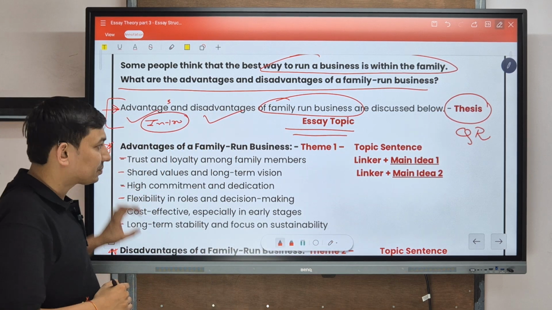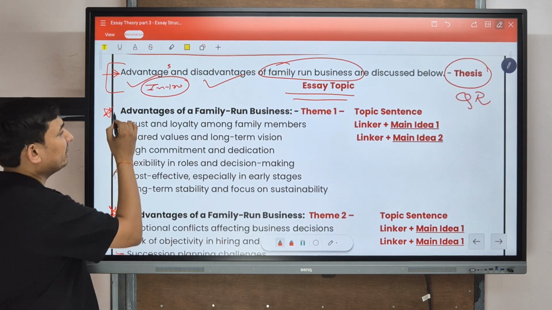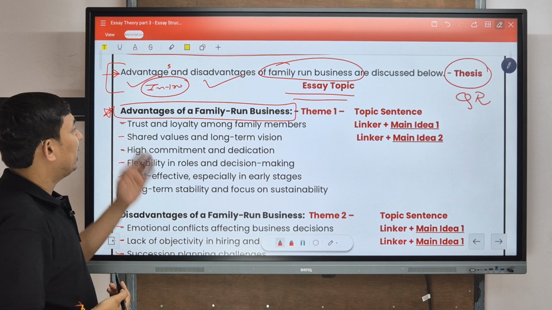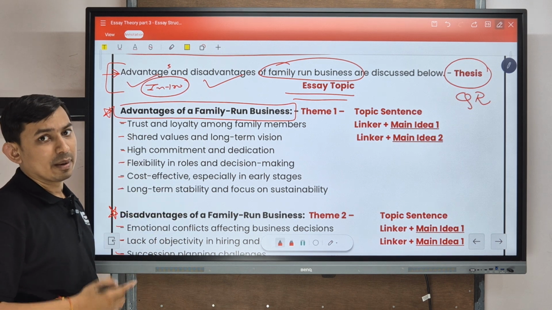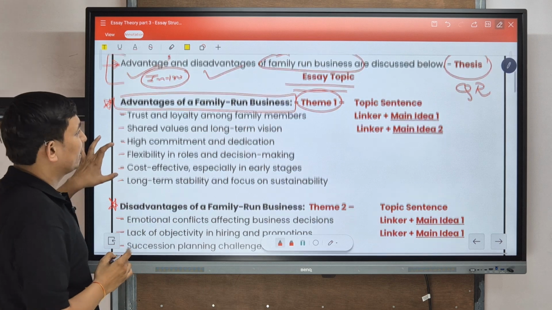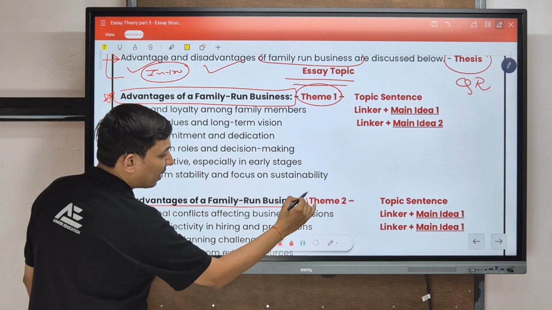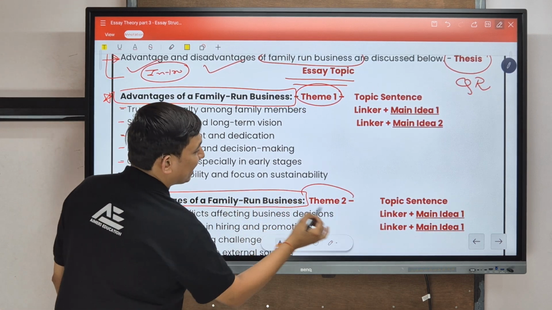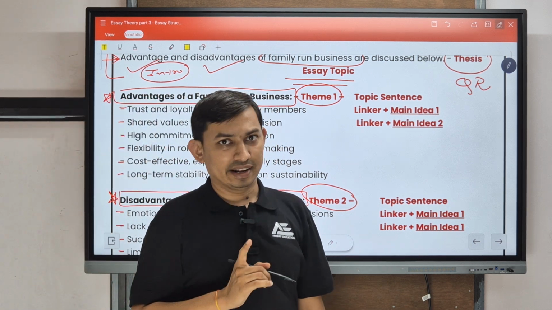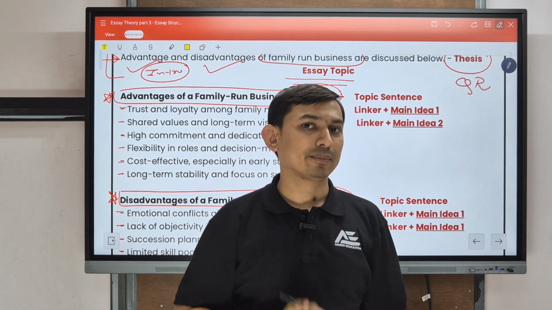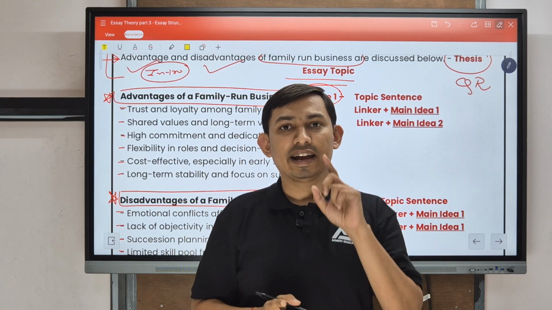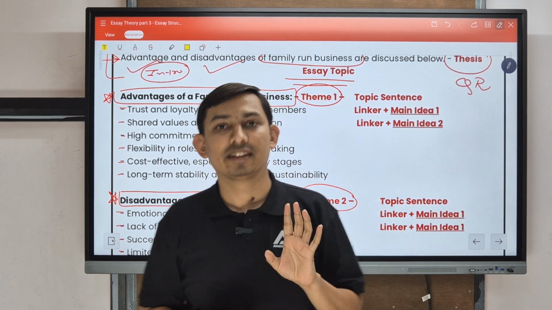Now, next. Here we have written what we can sometimes call a subheading, advantages of a family run business. Here we have represented the first theme, and here is another subheading, our second theme. So the most important thing is that every body paragraph represents one theme only. We must ensure that whenever we are writing any body paragraph, it must be related to only one theme.